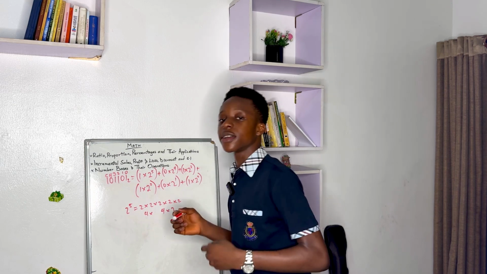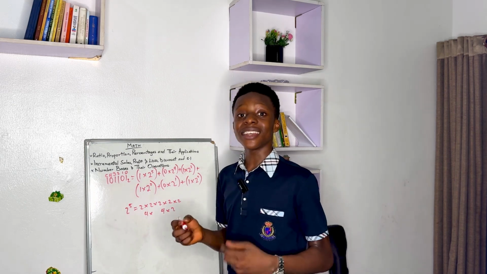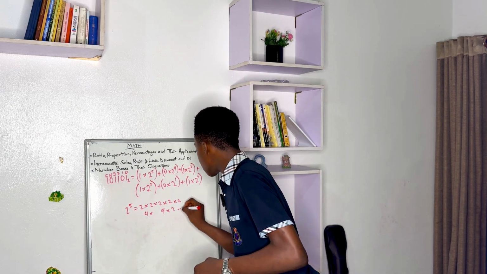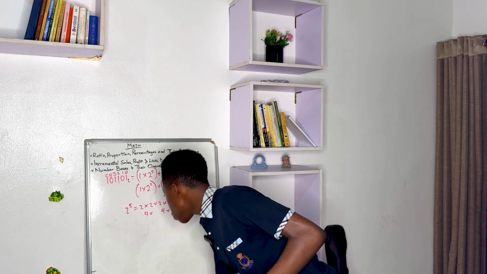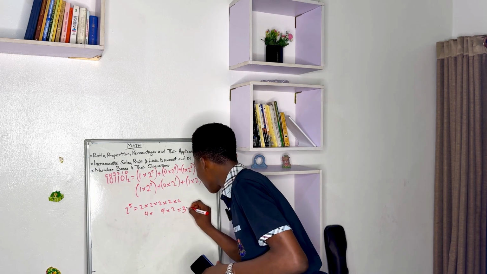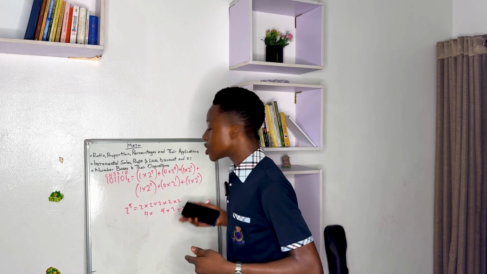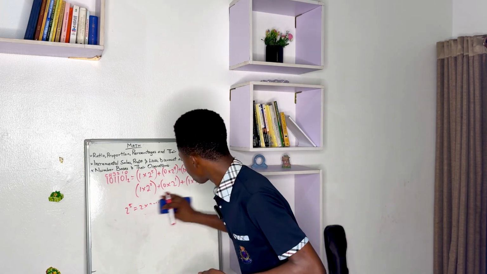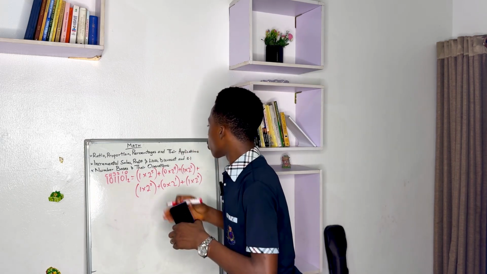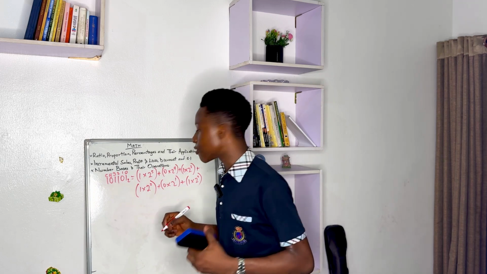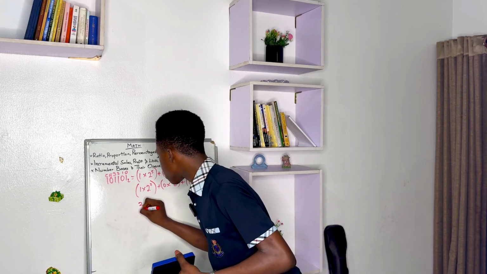So 4 times 4 is 16, and then 16 times 2 is 32. It means that 2 raised to the power of 5 is 32. So 1 multiplied by 2 raised to the power of 5 is 1 times 32, which will give us 32.